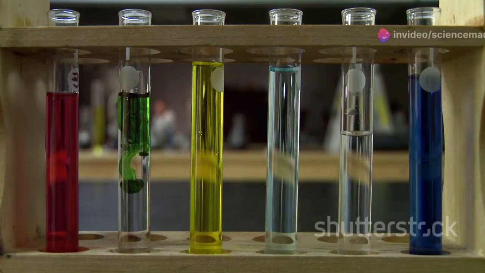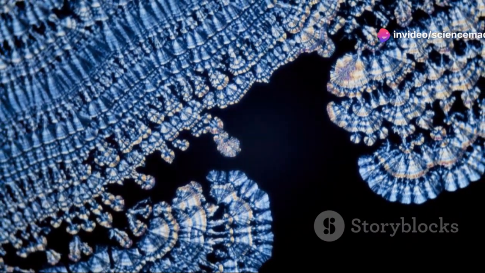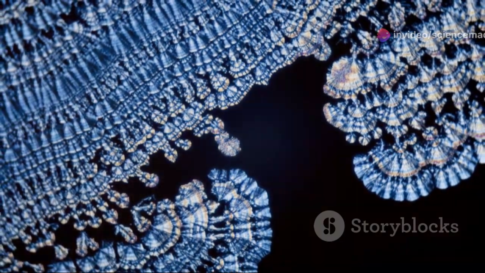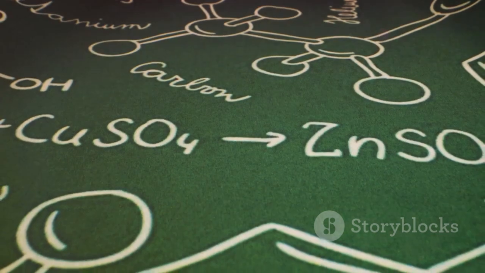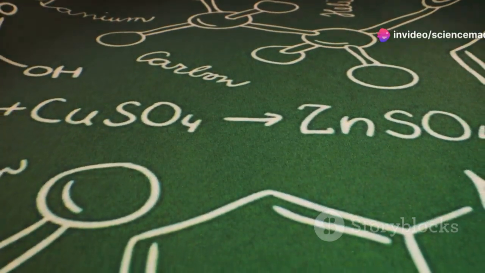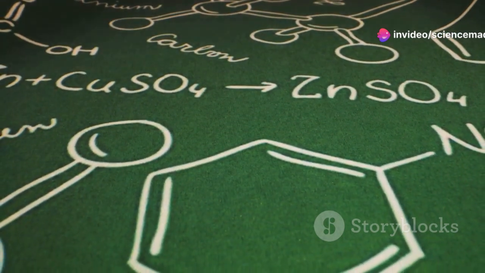For example, copper(II) sulfate pentahydrate, CuSO4·5H2O, is a blue crystalline solid. The pentahydrate part of the name indicates that there are 5 water molecules associated with each copper(II) sulfate unit.